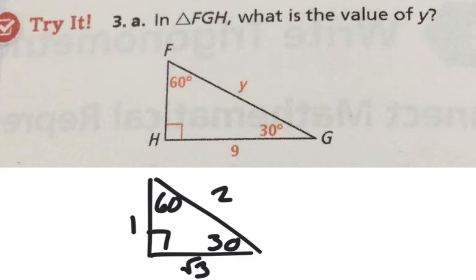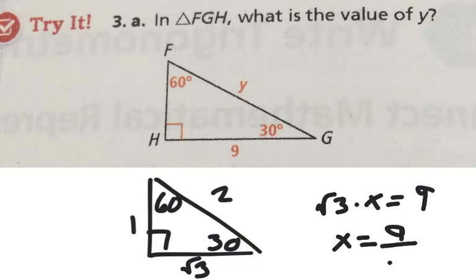So how did I get from a radical 3, which is what I know it's supposed to be, to a value of 9? Well, I had to have multiplied by something. That means radical 3 times something, let's call that something x, has to be equal to 9. Okay, then when I solve this, I get 9 divided by radical 3, when I divide by radical 3 on both sides.